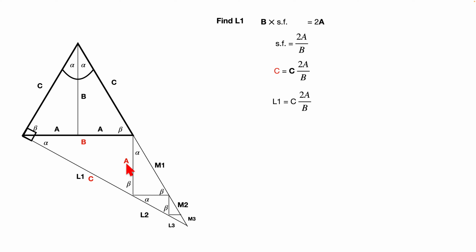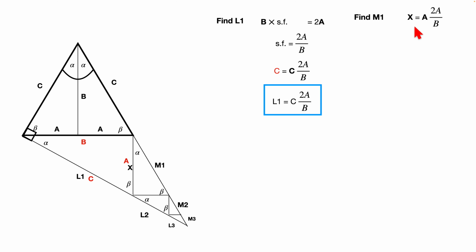How long is this line here? Well, we're just finding M2. This length here is X. And we know that that was the original A multiplied by this scale factor.